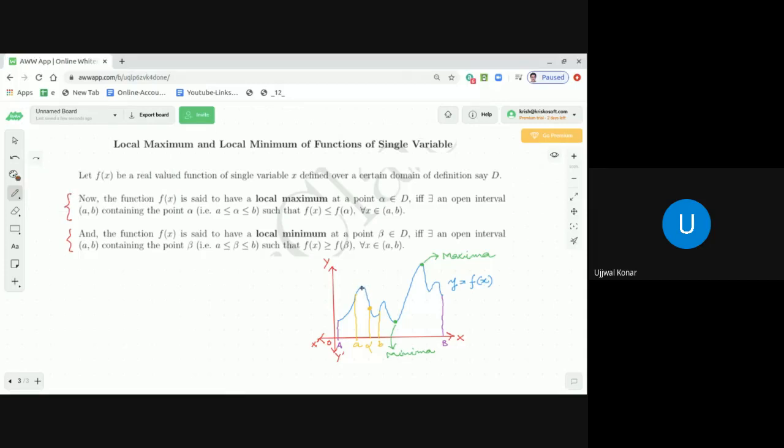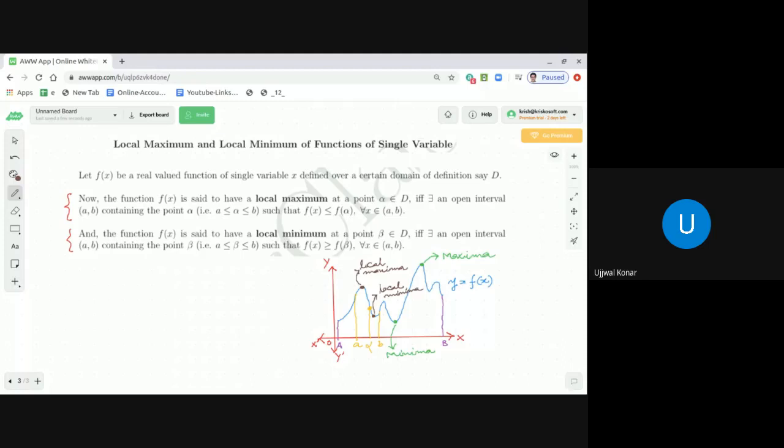So this is the local maxima and this is the local minima.